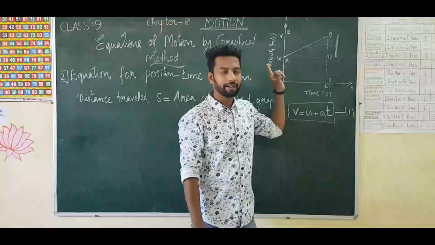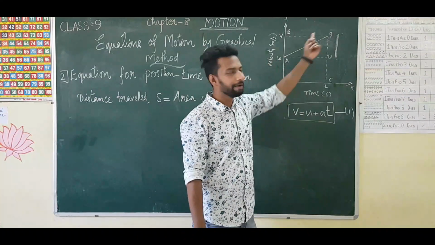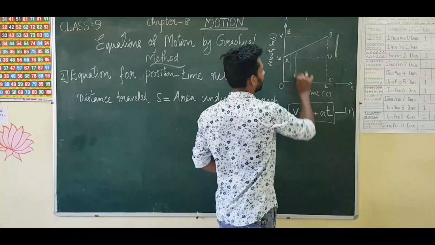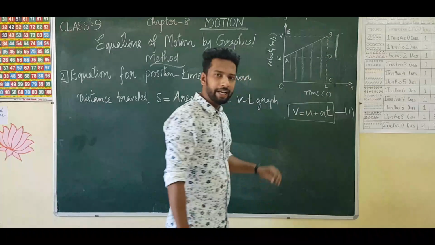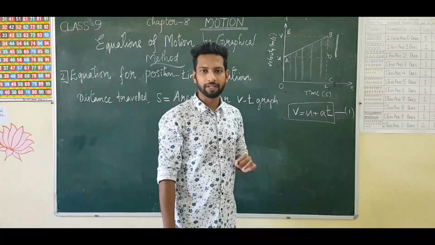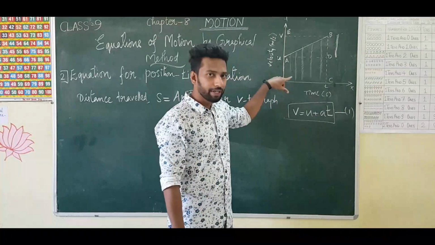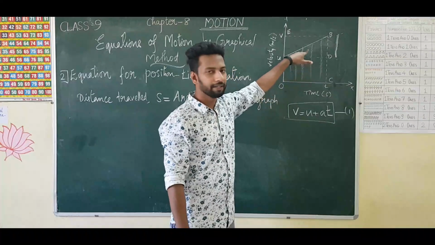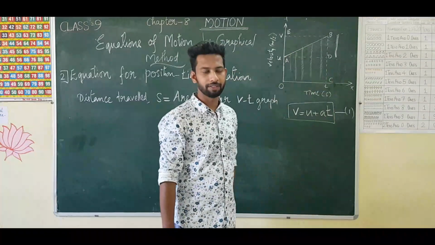So here, if you want to find the distance traveled by the body between A and B, you have to find the area of this graph. See, the procedure is the same for the first, second and third equations, but in the first part we will combine the areas of a rectangle plus a triangle, and for the third equation, we will take this as a rhombus.